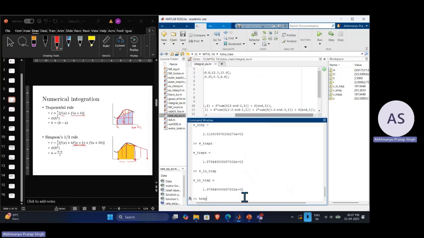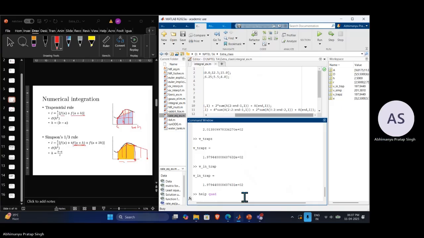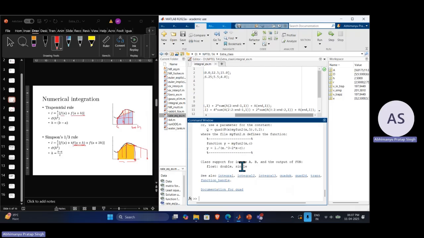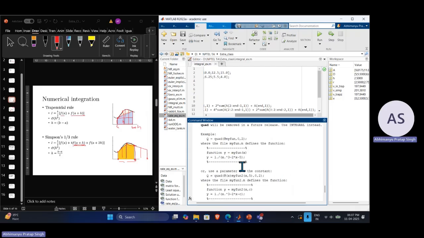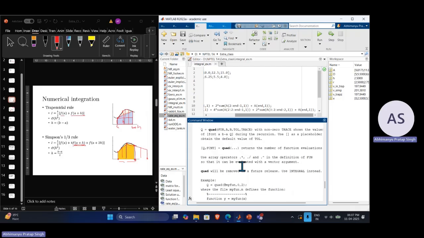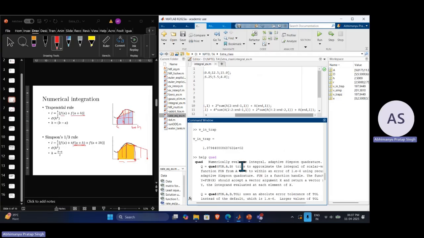Now there is another inbuilt quad function that uses basically Gauss quadrature to calculate the volume. Not volume, to calculate the area. You can look at this if you want. Basically, it numerically evaluates the integral using adaptive Simpson's quadrature. Adaptive basically means how we vary this h value.